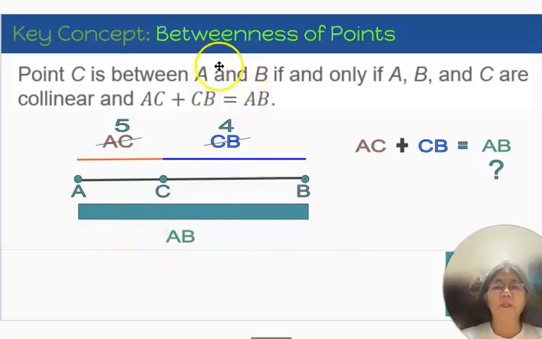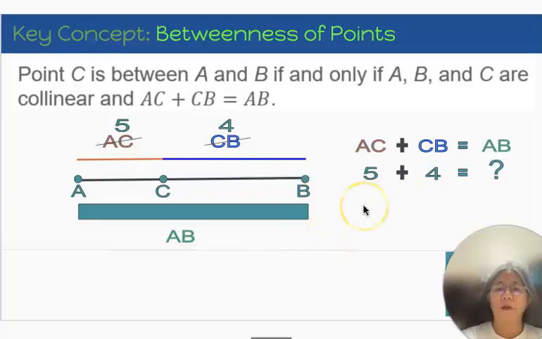So using betweenness of points, you can add the two parts, and that will be equal to the whole. The sum of the two parts is equal to the whole. So, by substitution, you know that AC is 5 plus CB is equal to 4. What is the length of AB?